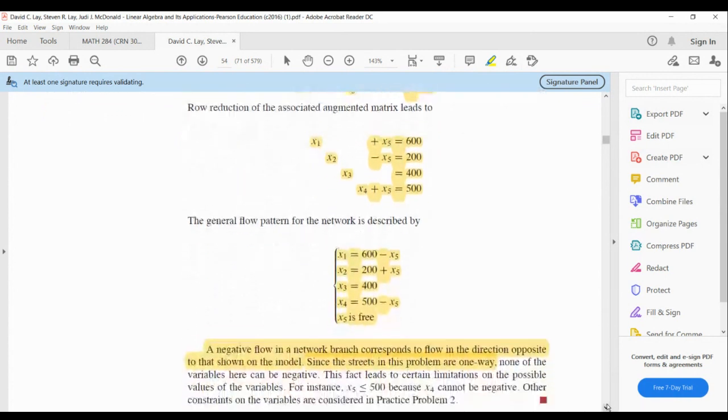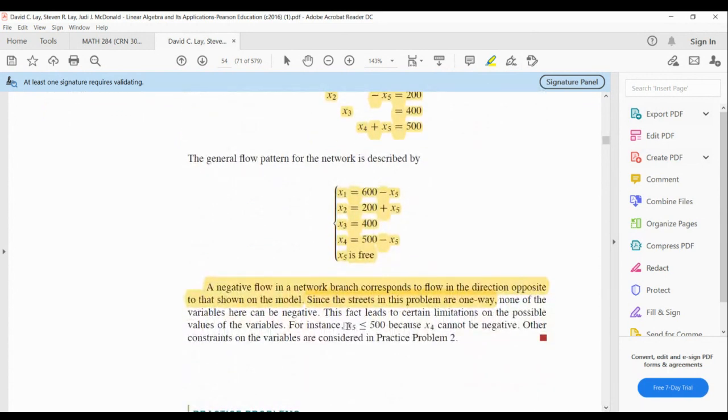So the restriction is that X5 must be less than or equal to 500 because X4 cannot be negative. And incidentally, X1 is 600 minus X5, but if you let X5 be less than or equal to 500, it's a free variable. So then X1 would also be positive.